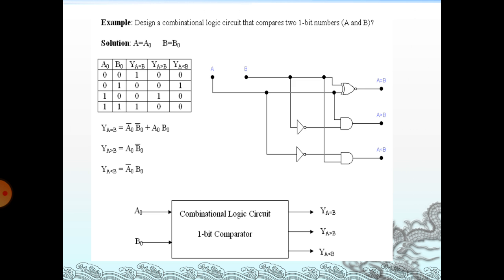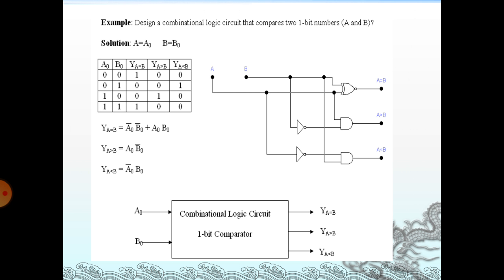From that truth table we can also design using a K-map, but it is very difficult, because we can directly get the expression and then draw the logic diagram. Here A and B are the inputs, and A equal to B, A less than B, A greater than B are the outputs.